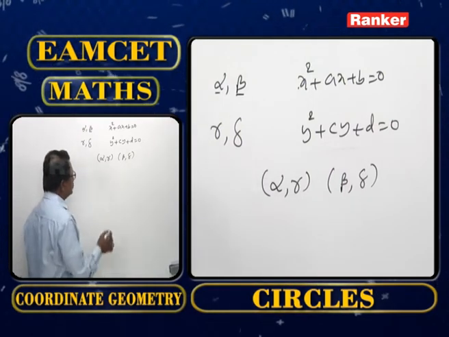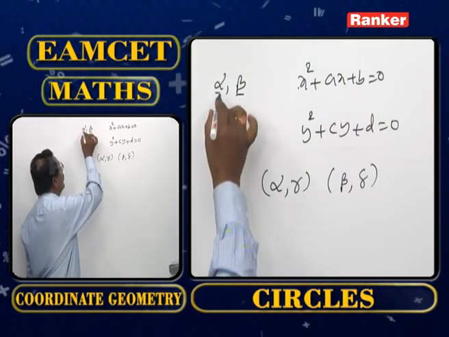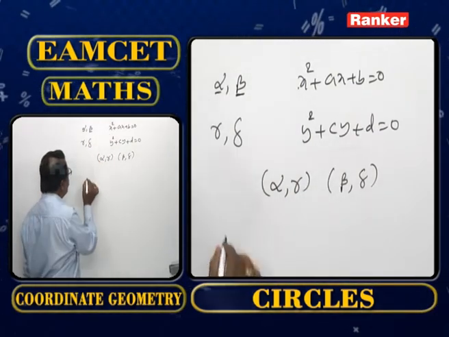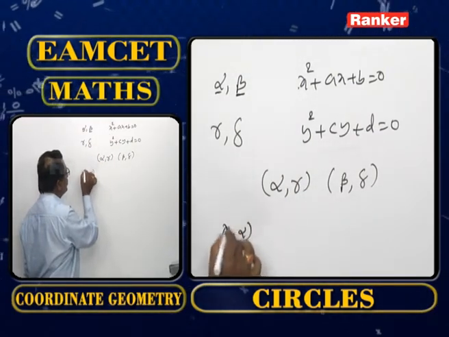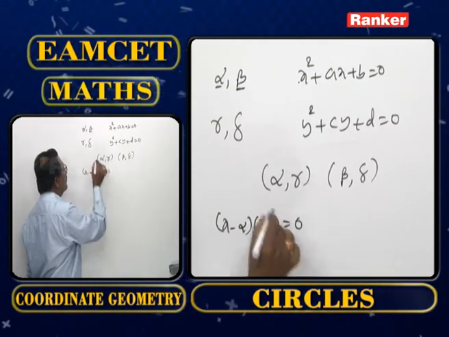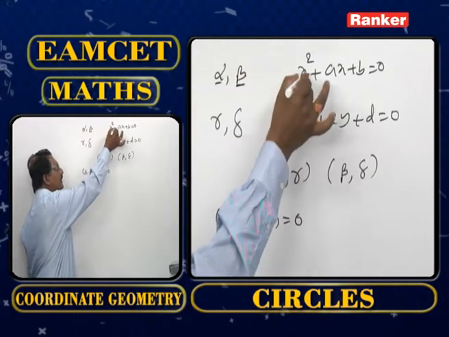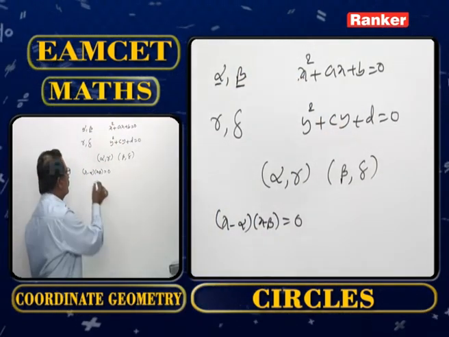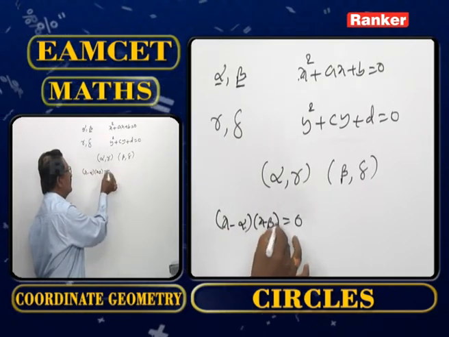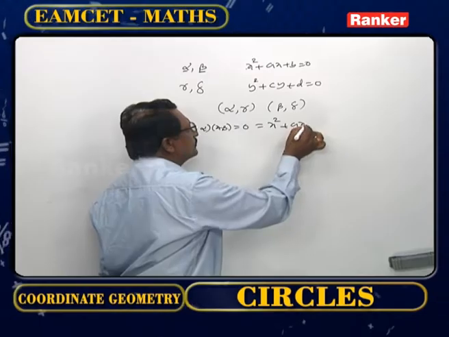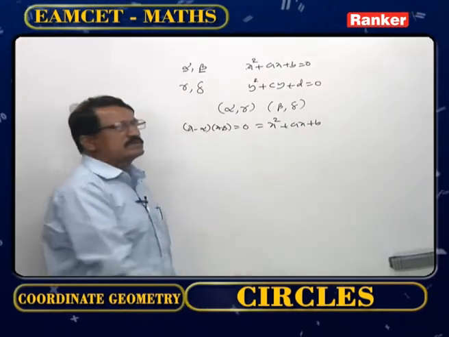Suppose alpha and beta are roots of a quadratic equation, then the quadratic equation is (x - alpha)(x - beta) = 0. But actually alpha and beta are roots of the equation x squared + ax + b = 0. Then (x - alpha)(x - beta) is the same as x squared + ax + b = 0.